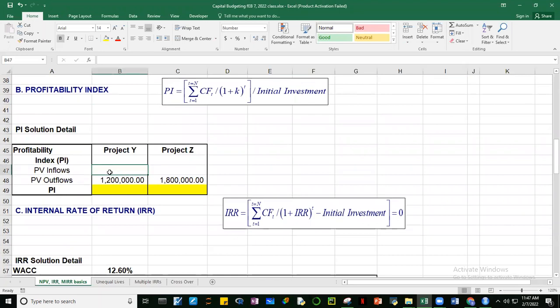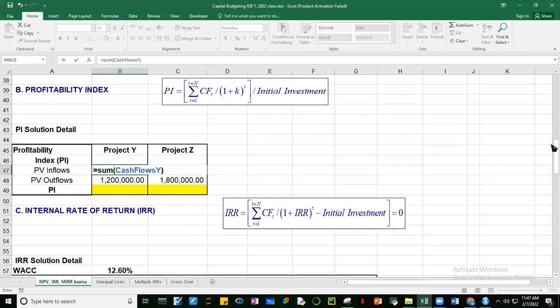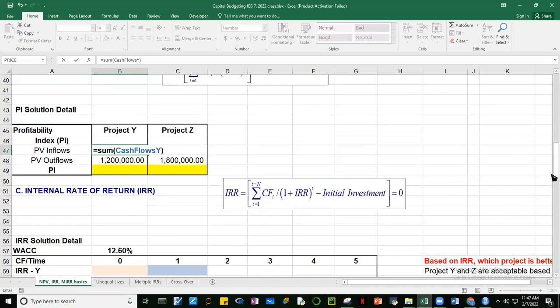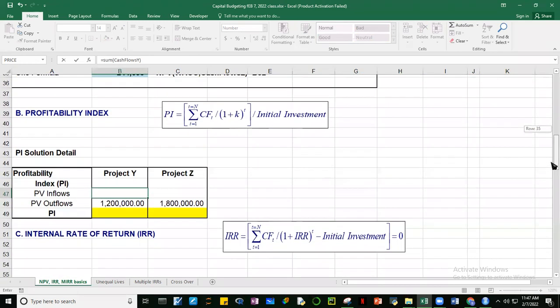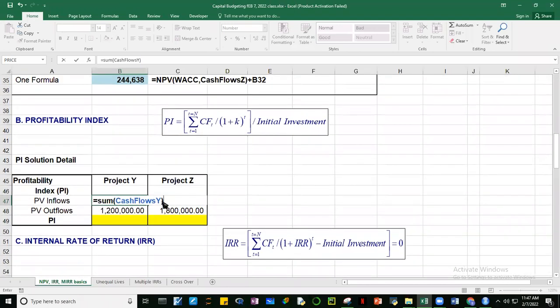So ano ba yung present value of inflows ni Project Y? Pwede nating gamitin, guys, sum ng cash flows ni Y. Pero mali, no?